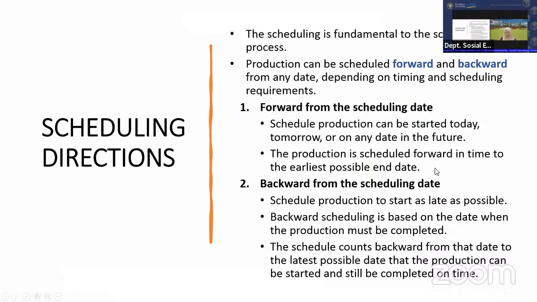The production is scheduled forward in time to the earliest possible end date. Opposite to forward is backward. Schedule production to start as late as possible. As I showed you in the earlier diagram, backward scheduling is based on the date when the production must be completed. The schedule counts backward from the date to the latest possible date the production can be started and still be completed on time.